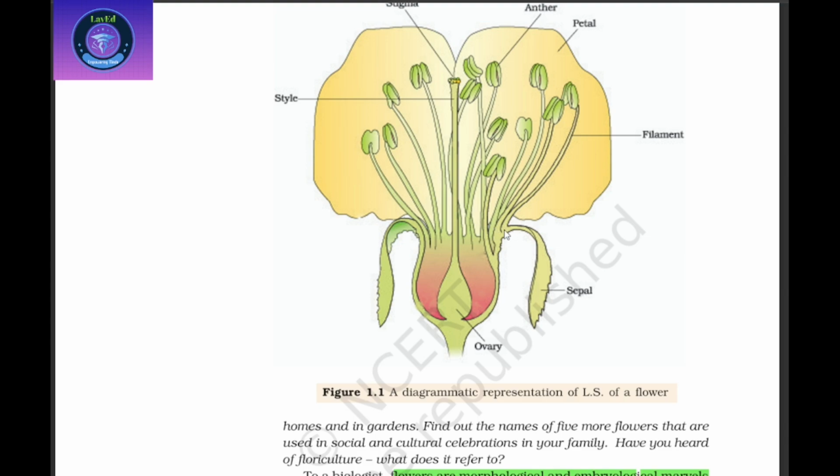The proximal end of the filament is attached to the petal of the flower. This is the petal. We always measure the distance from the bottom to the top, so the bottom is close, hence it is called the proximal end of the filament. Clear?